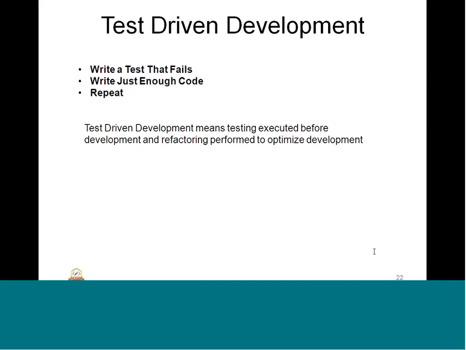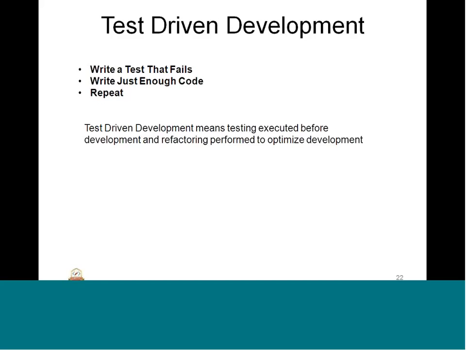As and when we do small chunks of development, we try to test it. So we basically test for the failure nature of the particular feature or the processes that we have used. So test driven development means testing executed before actual development, the complete development, and refactoring performed to optimize development.